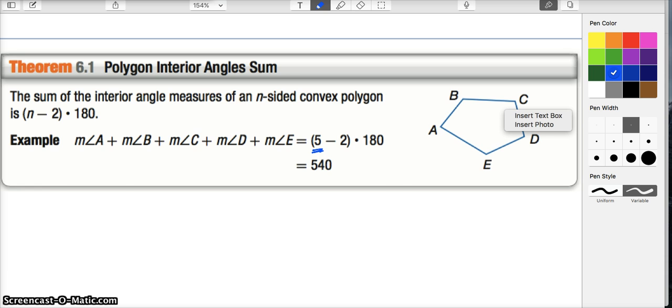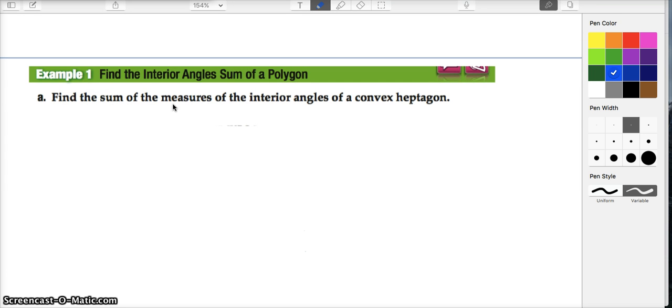Hopefully that makes sense. So the first one says find the sum of the measures of the interior angles of a convex heptagon. We know a heptagon, better known as a septagon, has 7 sides. So the formula says to find the interior angle sum, I'm going to write it in abbreviation, interior angle sum.